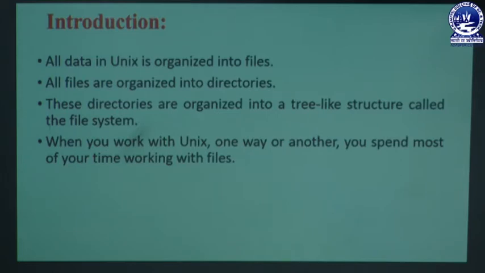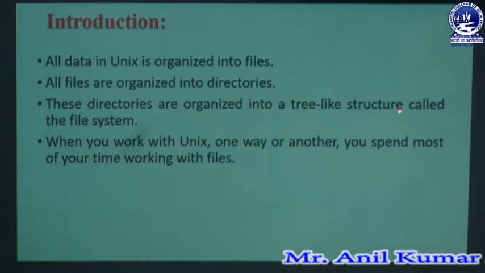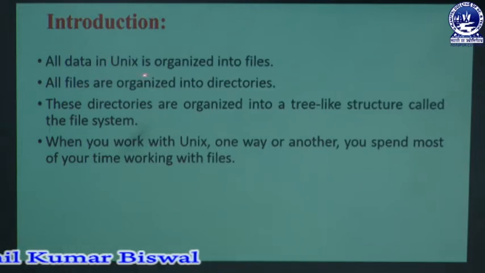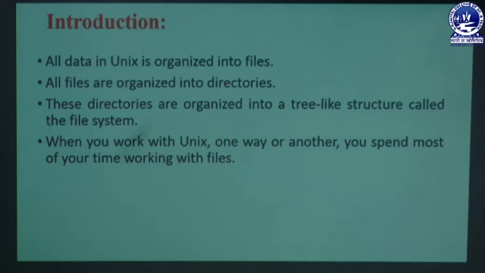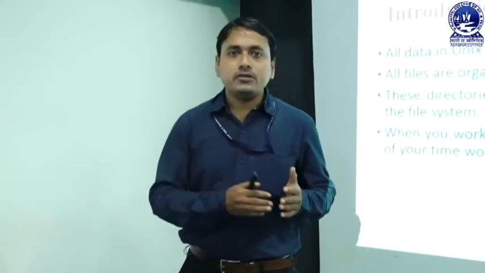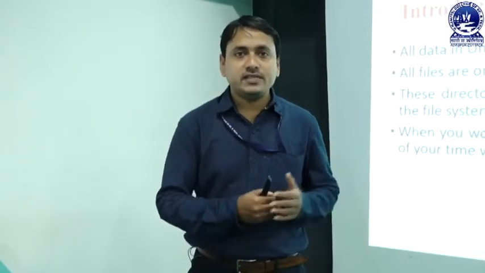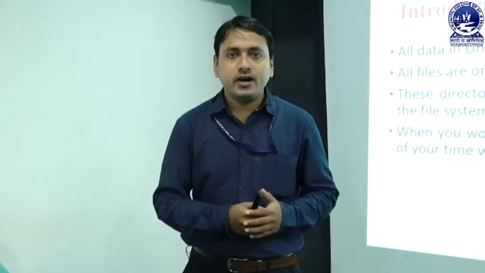Here all data in UNIX is organized into files, and all files are organized into directories, and all these directories are organized into a tree-like structure that is called a file system. That means all data in UNIX is organized into files. Whenever a user wants to design a file management system, we need to create more than one file. Those files may be a text file, document file, image file, video file, audio file, anything else.